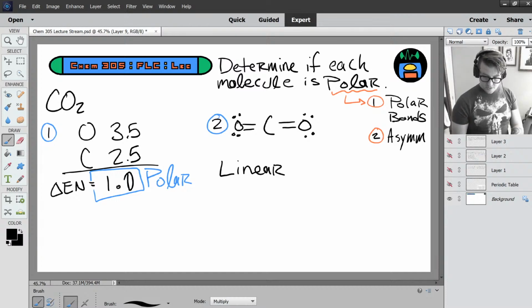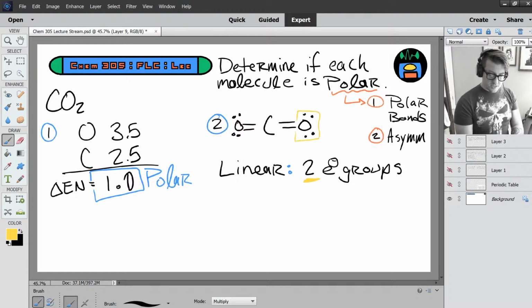Linear molecules have 2 electron groups. And you'll notice we've got 2 electron groups, and there is an oxygen in both.